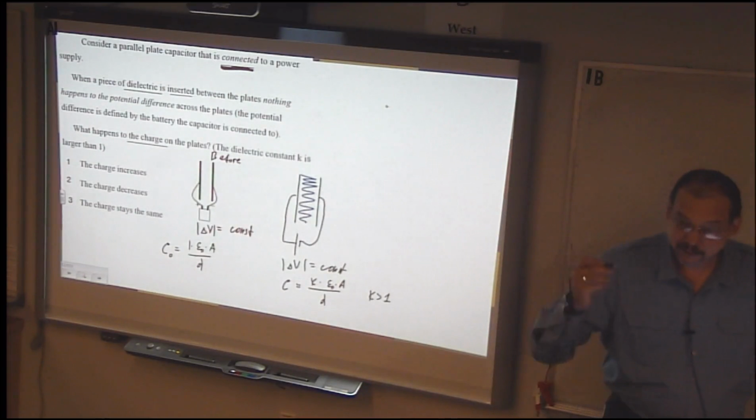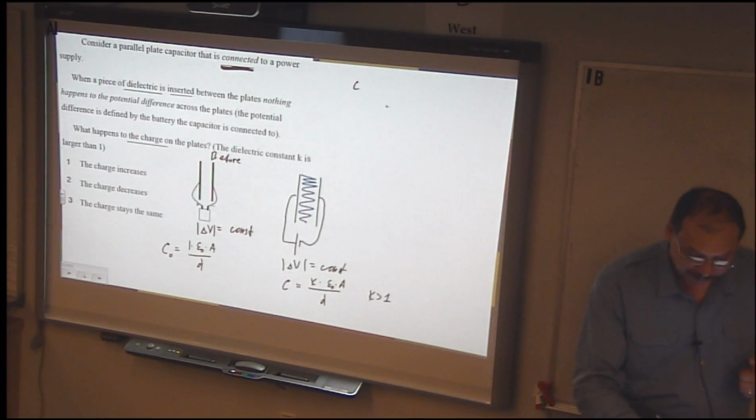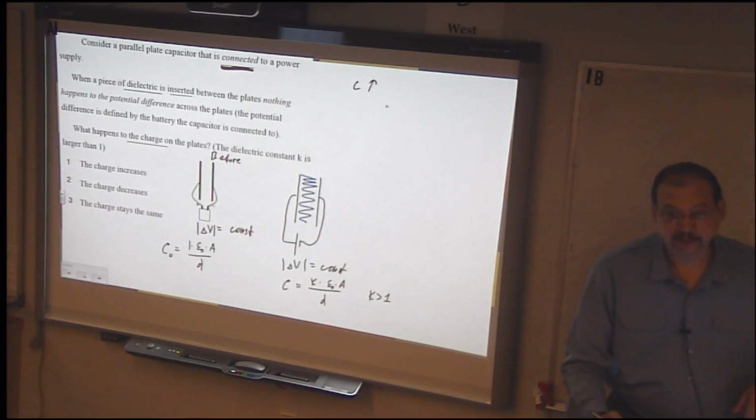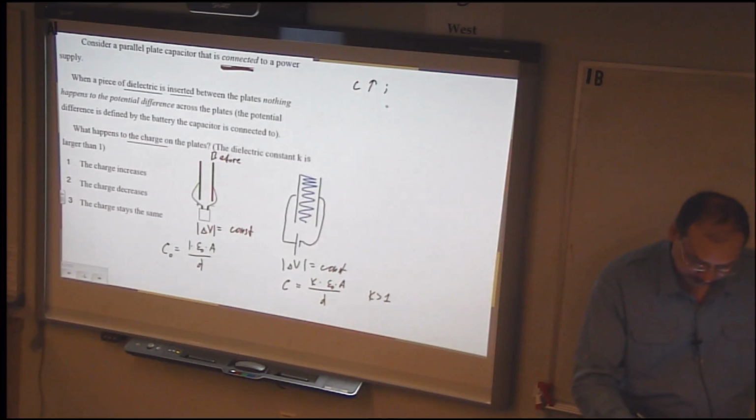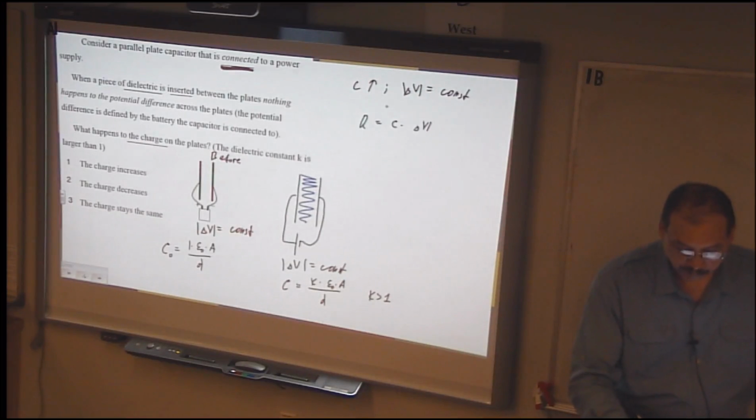So the capacitance goes up. You can ask why is it always greater than 1? In a minute we'll talk about it. But for now, it's just a fact which we use to figure out what is happening to all other variables. So the capacitance goes up. The voltage remains constant. How does it affect the charge? The charge should go up.